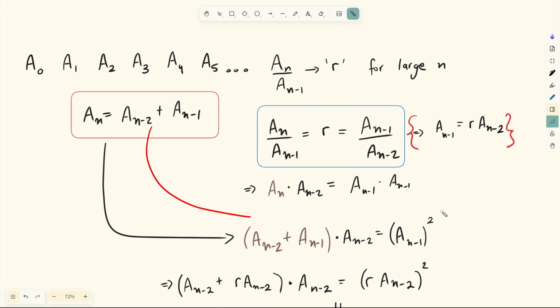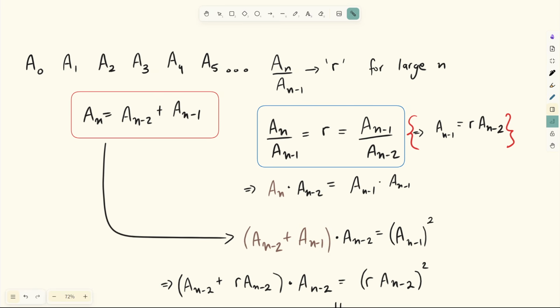And you can use the recursive relation to expand on a_n, and that gives you the following. The last thing that you want to do is to see from this equation that a_(n-1) is equal to R times a_(n-2). And you substitute that in for a_(n-1).